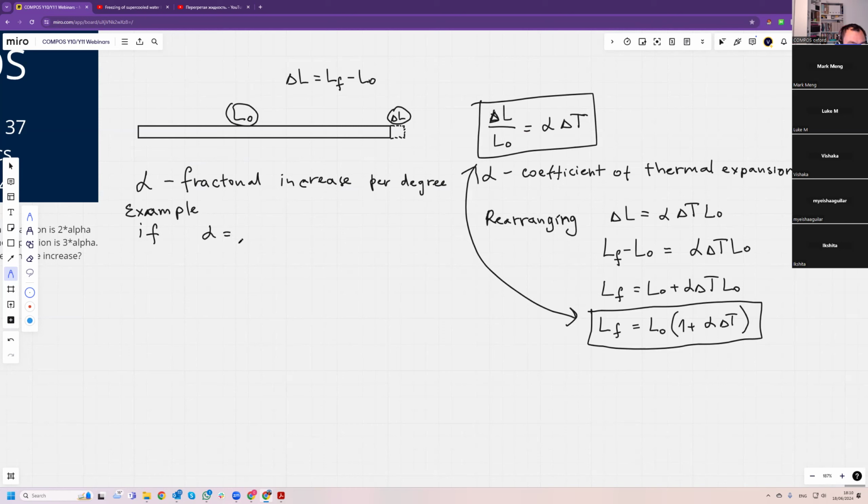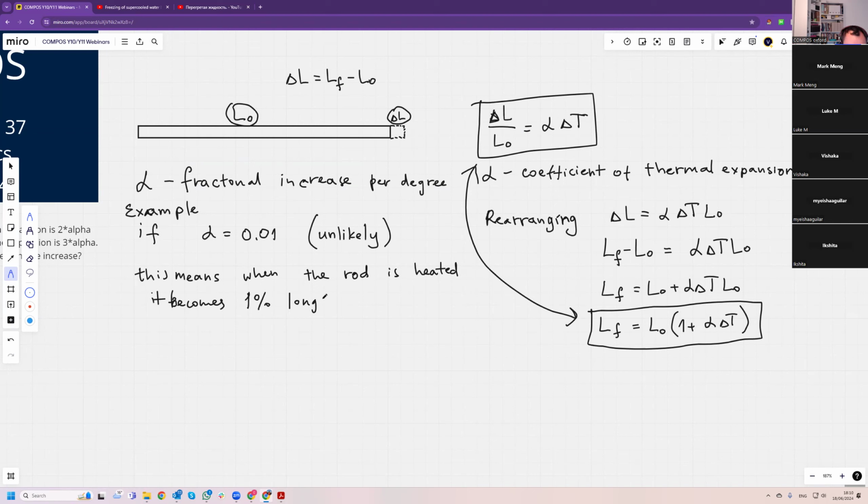I want you to get a feeling of what alpha is. If alpha is, let's say, 0.01, which is incredibly unlikely, it's usually smaller, this means when the rod is heated, it becomes 1% longer for each degree Celsius.